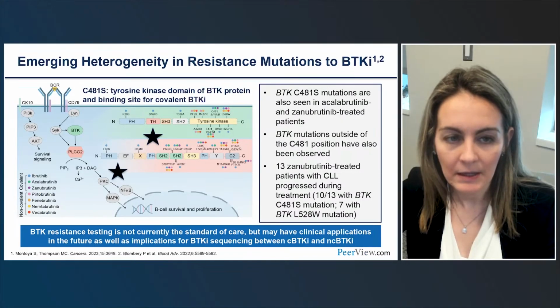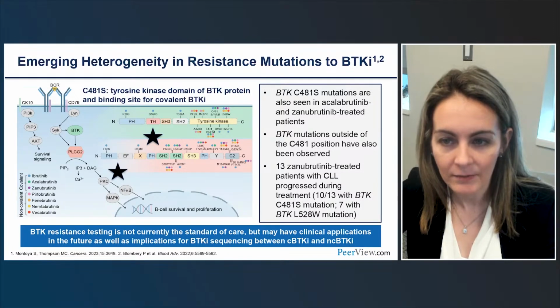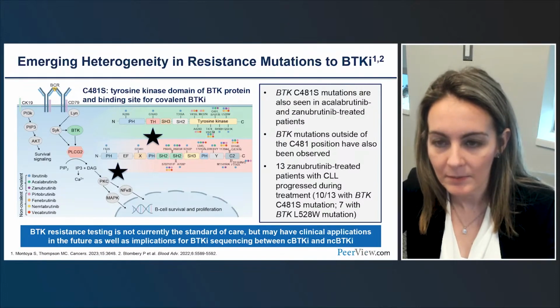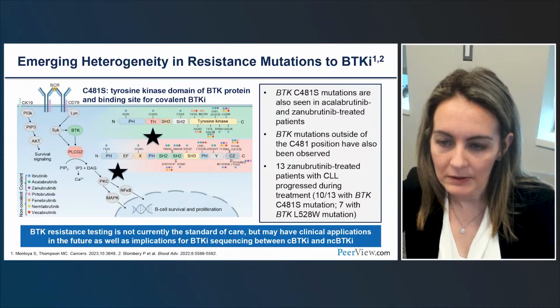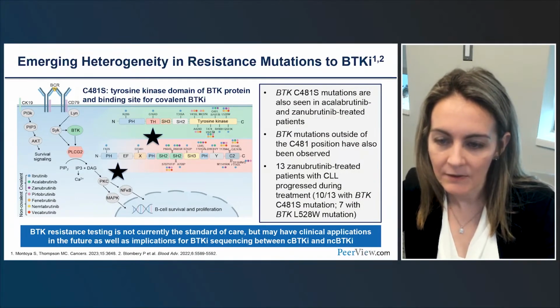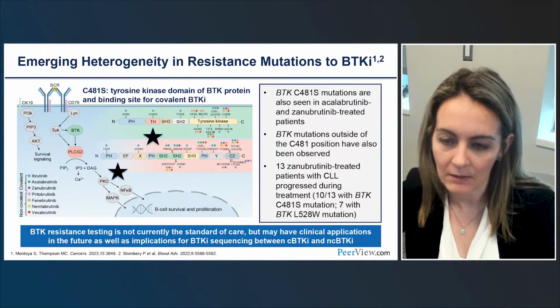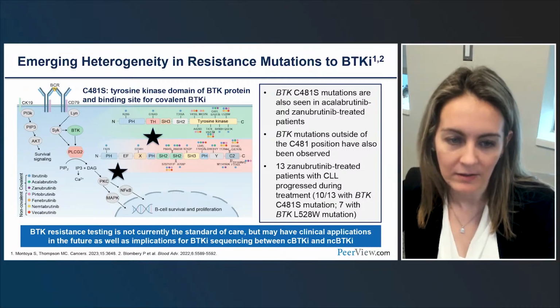And here you just see the B-cell receptor signaling pathway. As we just saw, we see cysteine 481 mutations with acalabrutinib patients. This has also been reported with zanubrutinib-treated patients. There's less data on resistance to zanubrutinib than ibrutinib, but there is one report of 13 patients that progressed on zanubrutinib. 10 of 13 patients had BTK cysteine 481 mutations, but 7 of these patients also had a mutation in BTK L528W, which is a different mutation with different functional consequences.